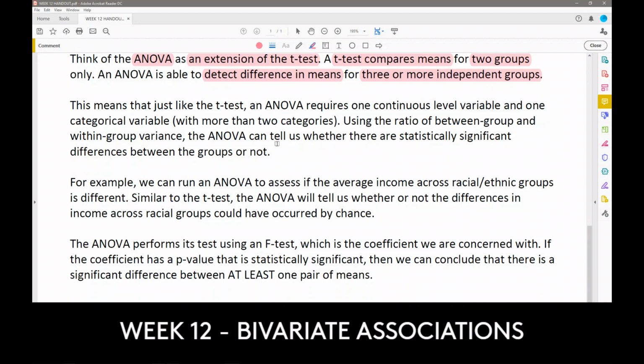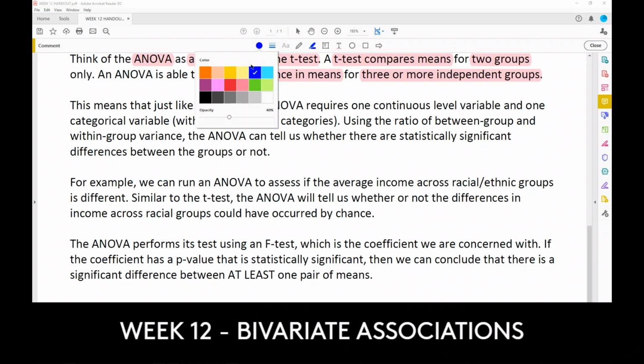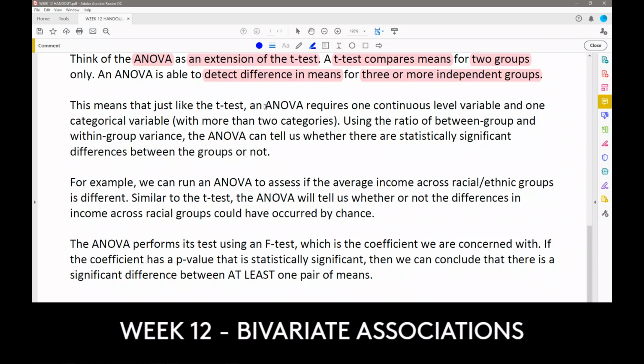Just like the t-test, an Anova requires one continuous level variable, again because we are computing averages, and then one categorical variable, but this time it has to have more than two categories.